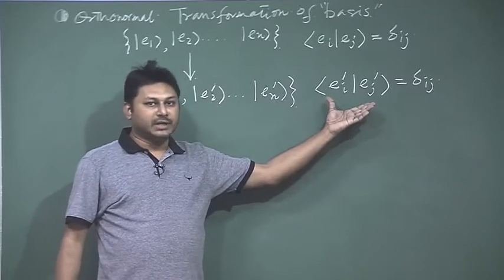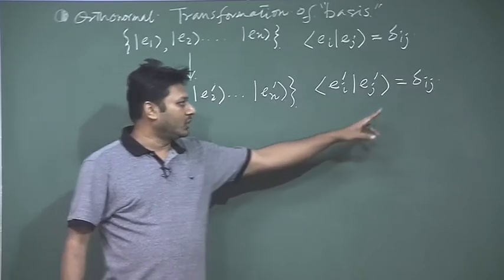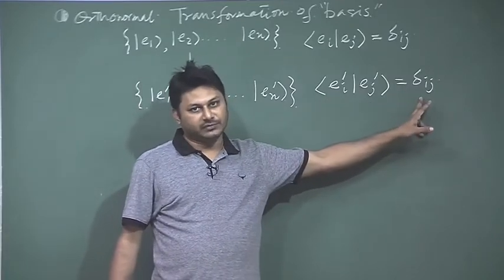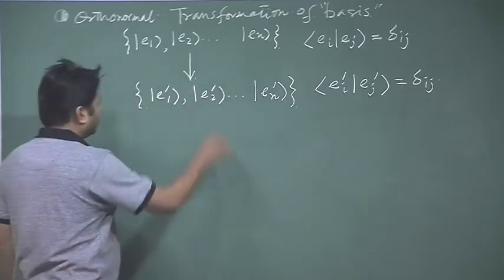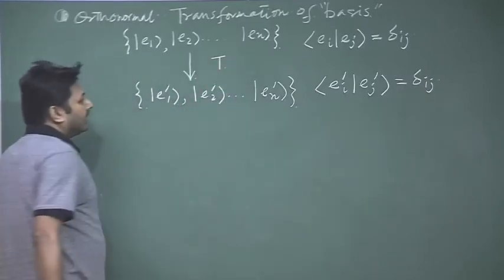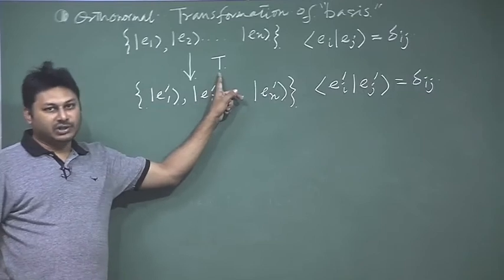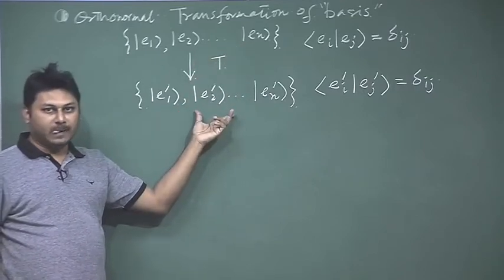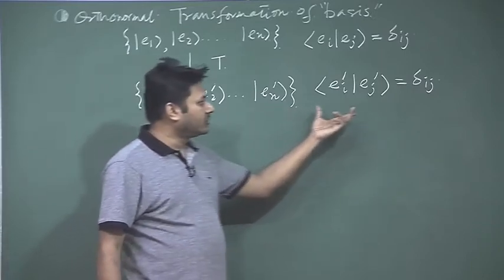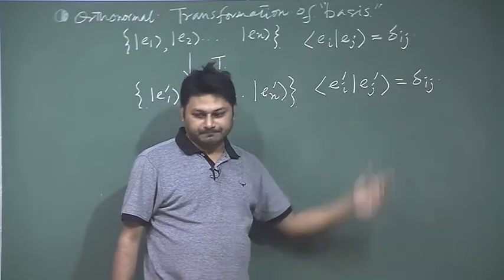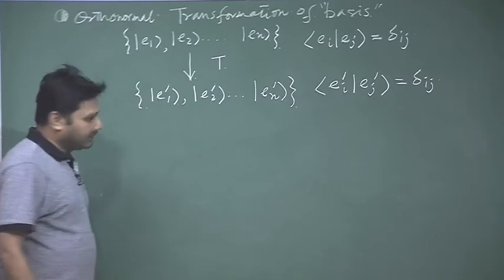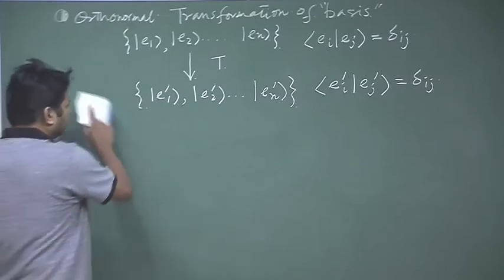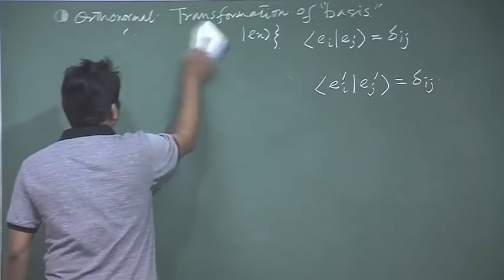That means my new set of bases will also be orthonormal. What is the condition for that? So, obviously, the transformation matrix T should be a special matrix that can transform this to this in such a way that the new basis will also be orthonormal. So, the definition of the problem is known.